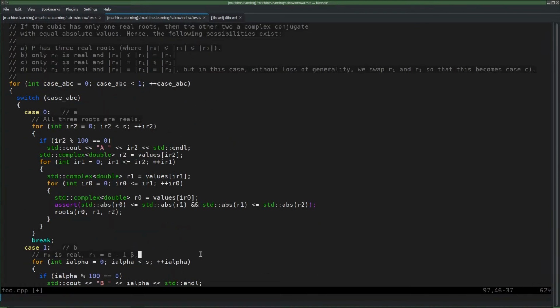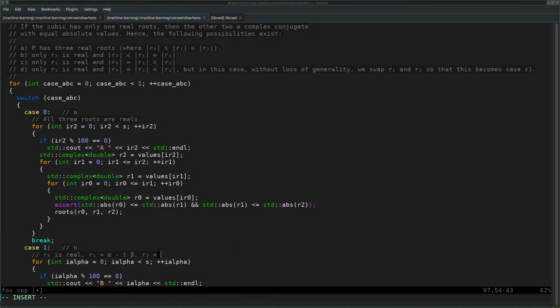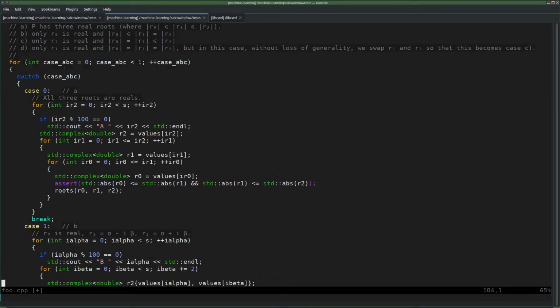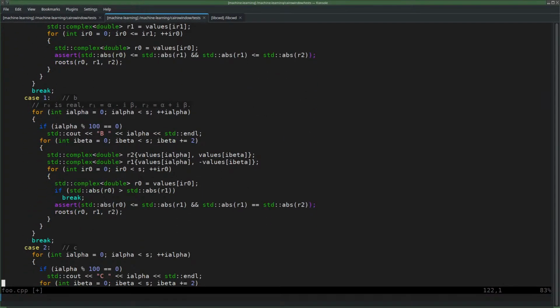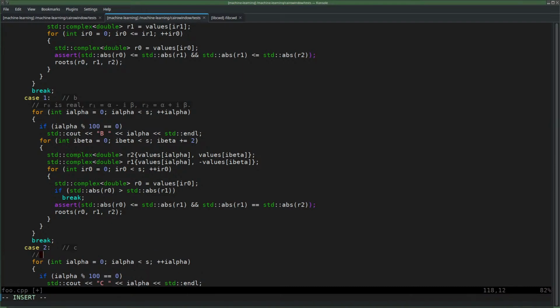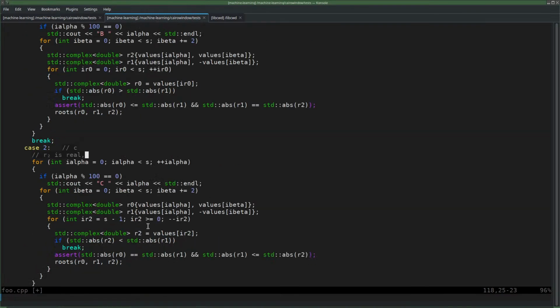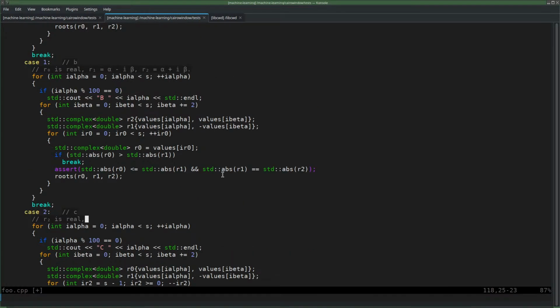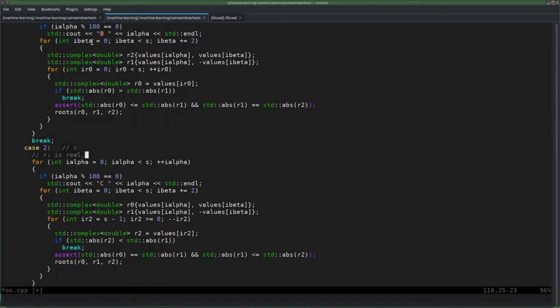R2. So in case C, then R2 is real. And the minus sign is R1. So the R0 is... No, still R1 then. Whatever.